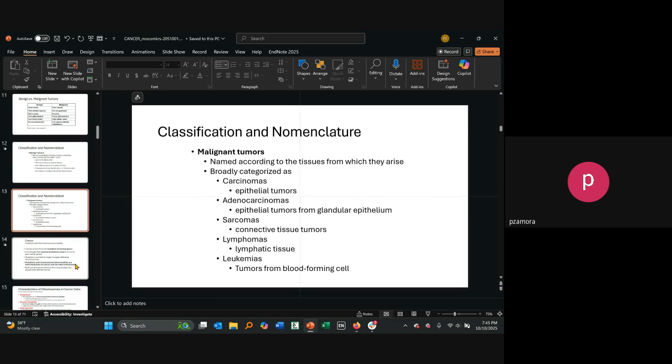Carcinomas and adenocarcinomas are associated with epithelial cells. The difference between the two is that adenocarcinomas tend to retain their glandular-like morphology. It's a little bit more complicated than that, but that'll work for the time being.